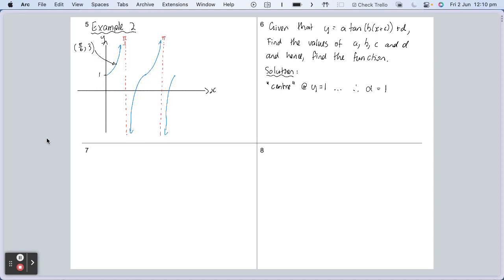The graph has been lifted up by 1 unit. So therefore, d is equal to 1. I can see the center clearly because it's marked off on the x-axis and on the y-axis, and I can see that the center's here. It's the visual thing. I don't know how else to explain it. Are we okay? Hopefully it's excitement, not sadness.